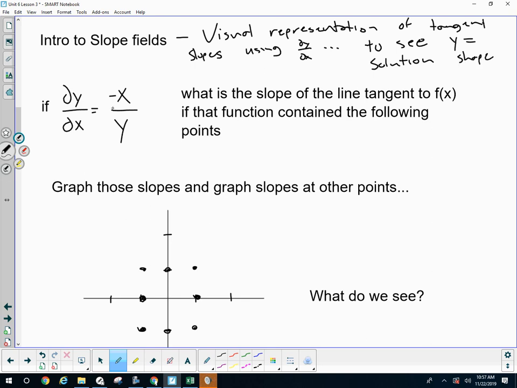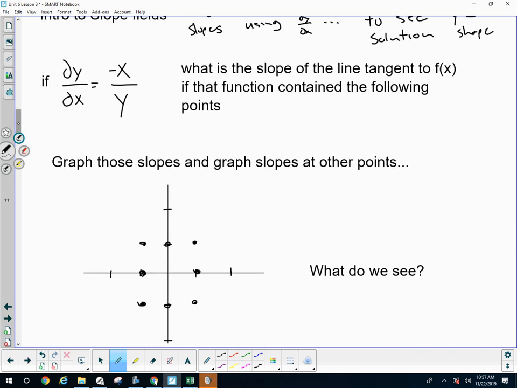Let's take dy dx equals negative x over y. Again, I do not know how to take the antiderivative of negative x over y. What I will instead do is assume that I got a bunch of points on my solution.